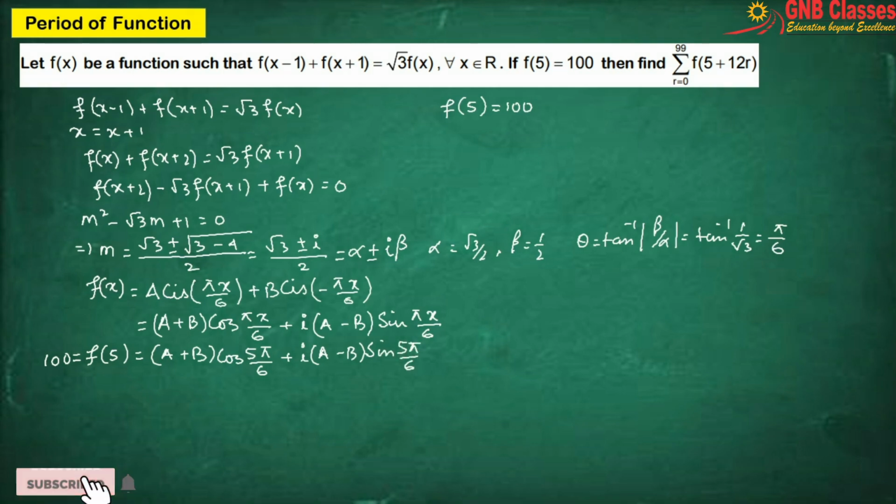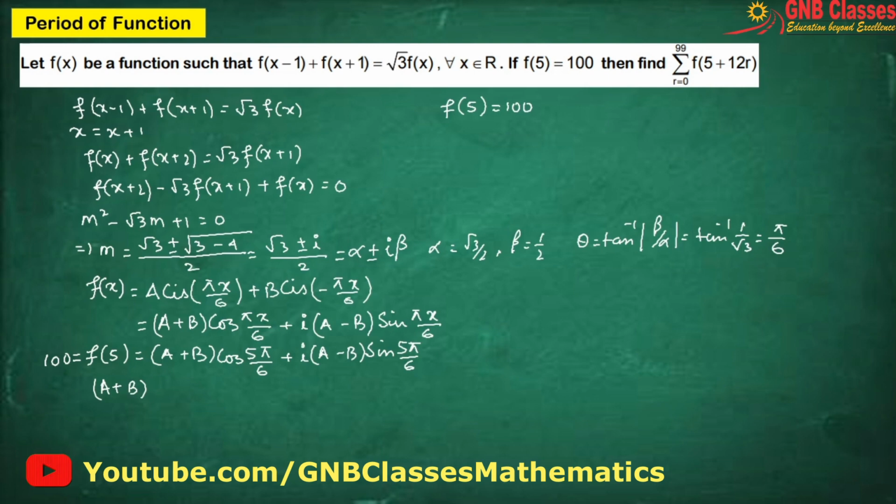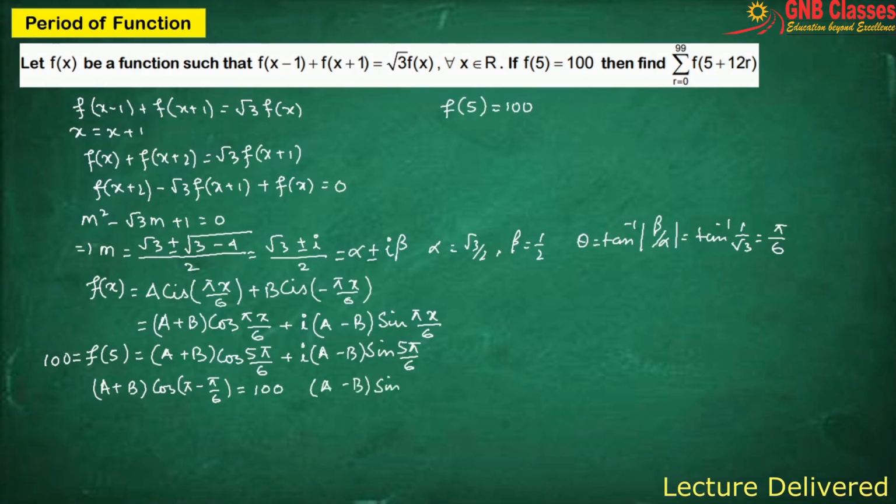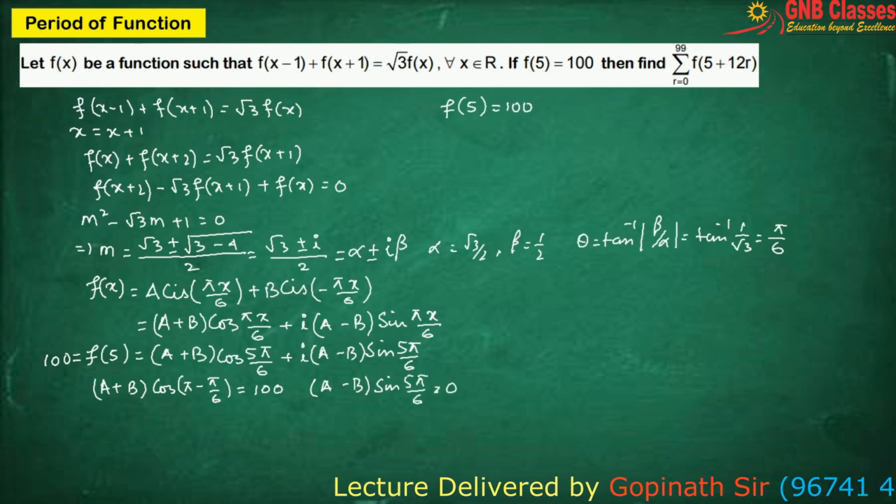Yes or no? Now if we compare, we are going to get a plus b cos 5 pi by 6. Cos 5 pi by 6 can be written as cos of pi minus pi by 6, which equals 100, and a minus b sine 5 pi by 6 equals 0.